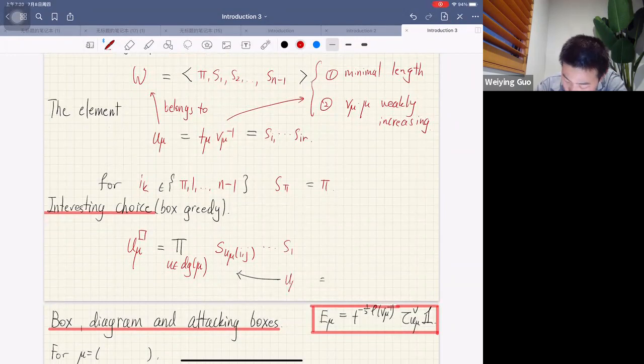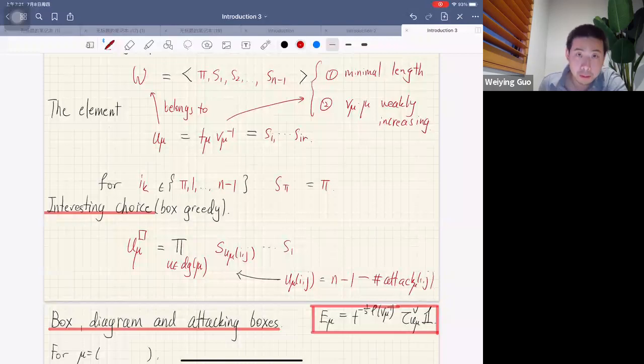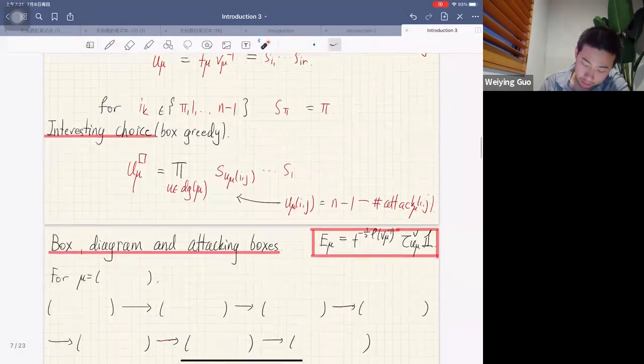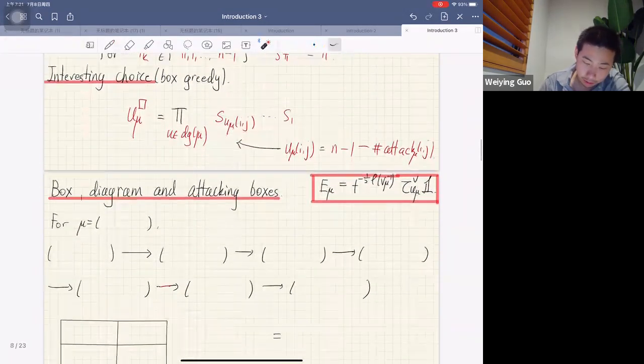Those U mu ij are basically the non-attacking boxes, which I will also explain in a minute, of a box ij. So this is a particular reduced word for U mu, one of the choices which we made.